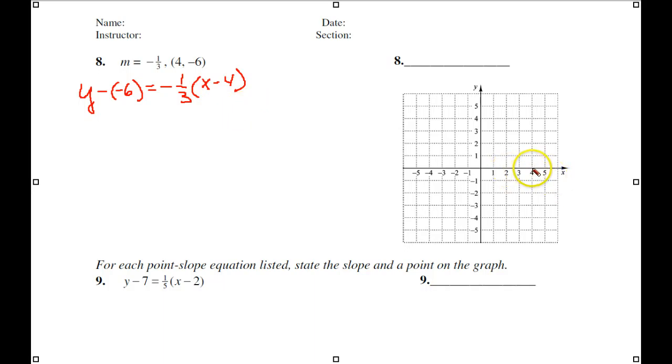So 4, and then down to -6 is right there. And our slope is a -1/3. So that means we're going to go over 3 this way and up 1 this way. So our line will be like so here. That's the graph of this.